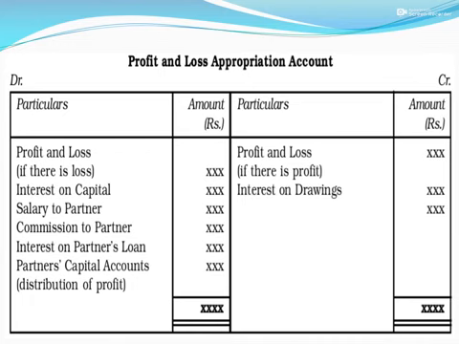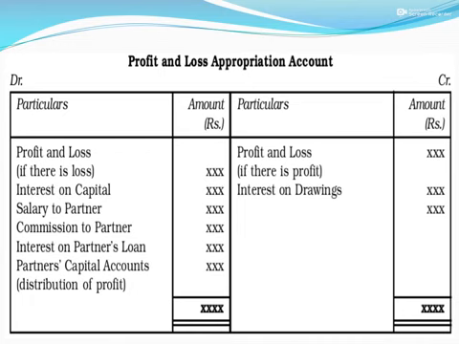If there is a loss, on the debit side, we will write down to profit and loss account. Then again on the credit side, we will write down by interest on drawings. If we charge any interest from the partner, we will write down by interest on drawings account.